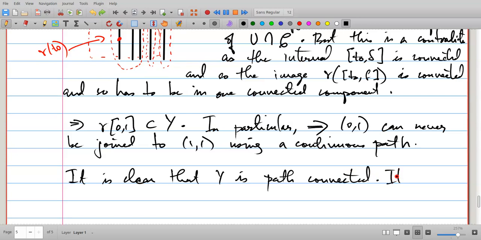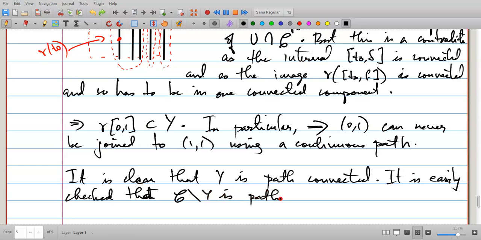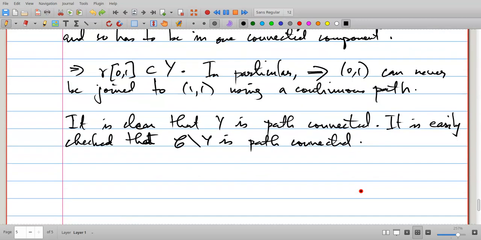It is also easily checked that C minus Y is path connected, right? So we just proved that a point in Y cannot be connected to a point in C minus Y using a path. So this implies C has exactly two path components.